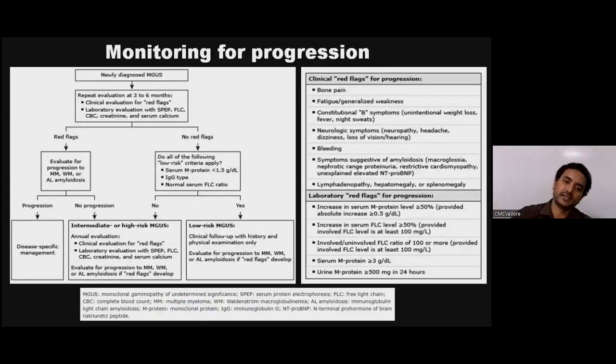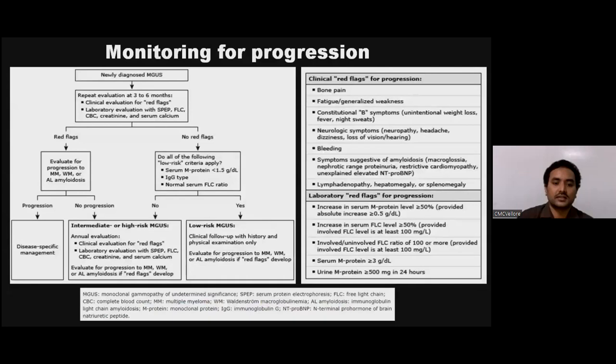So repeat evaluation every 3 to 6 months, and we should be looking for the red flags like bone pain, any constitutional symptoms, because it can degenerate into malignancy, neurologic symptoms, bleeding symptoms, amyloidosis, nephrotic range proteinurias, cardiomyopathies, and any other organomegalies. If any of the red flags are present, then that will be a progression.